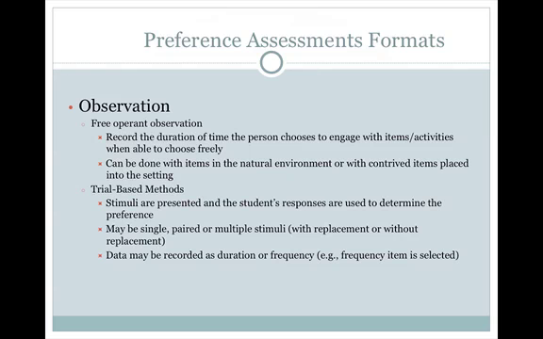Which ones do they like the most? And something in between those two, either presenting them individually or presenting an array, we might just present 2, this or that. And we see they take A versus B. They take B versus A. That would give us a sense over time of which items they're most likely to take in terms of a level of preference.